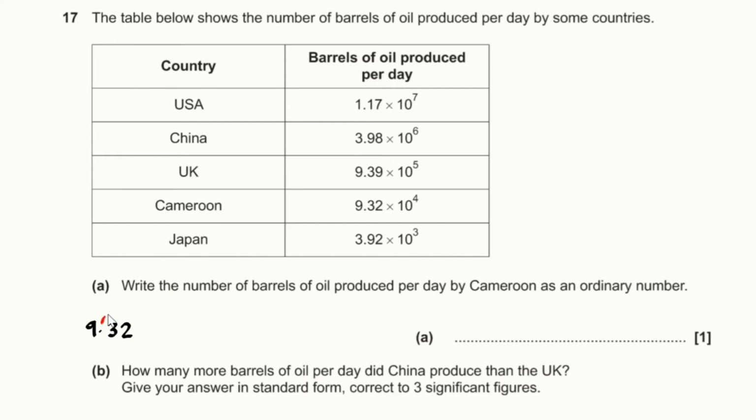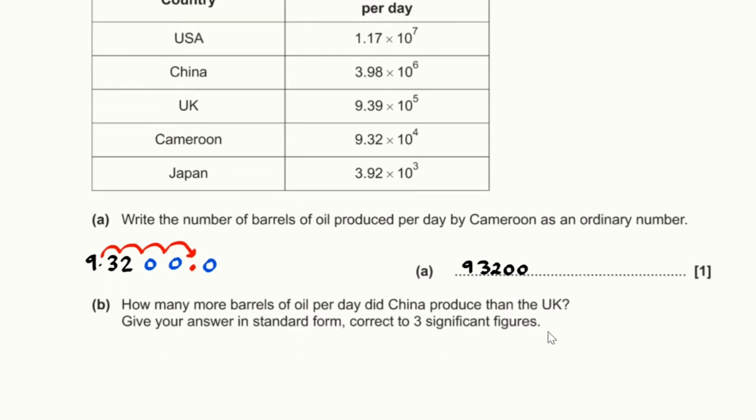We move the decimal place 1, 2, 3, 4 to the right. We put in zeros here and here. So what we end up with is 93200 as an ordinary number.